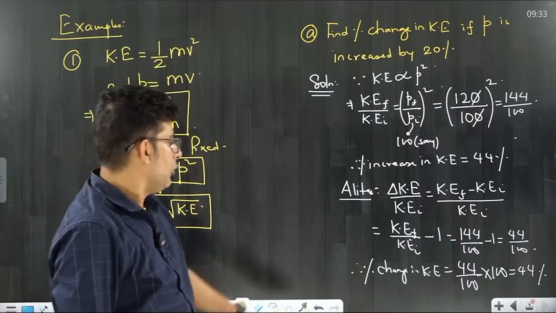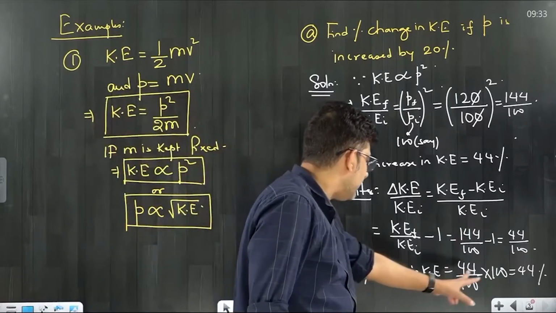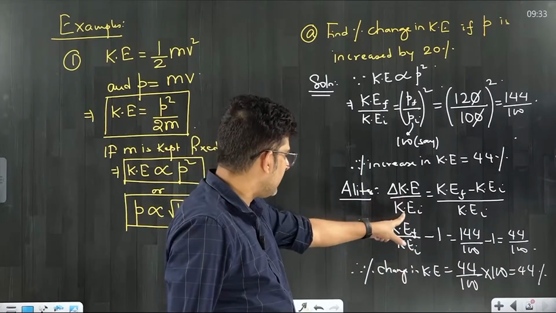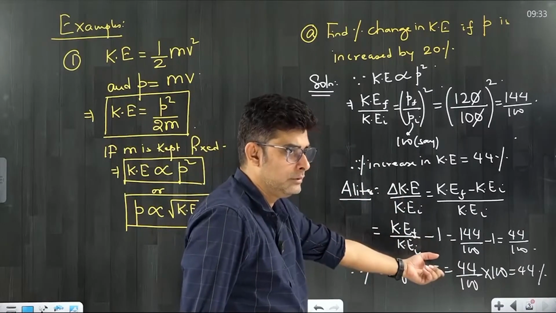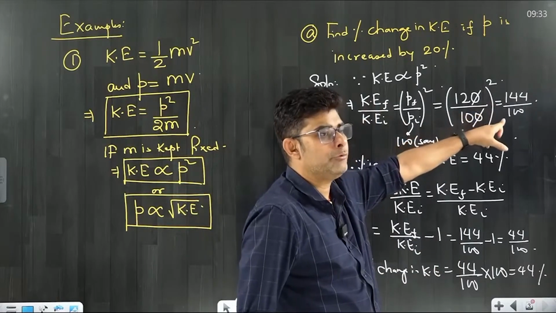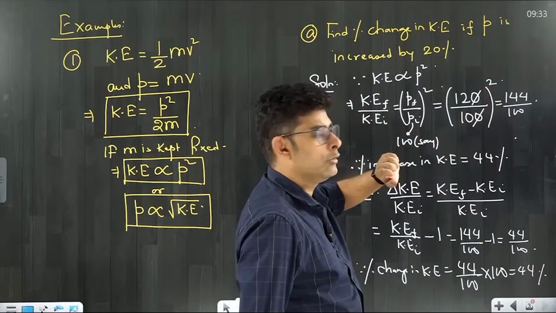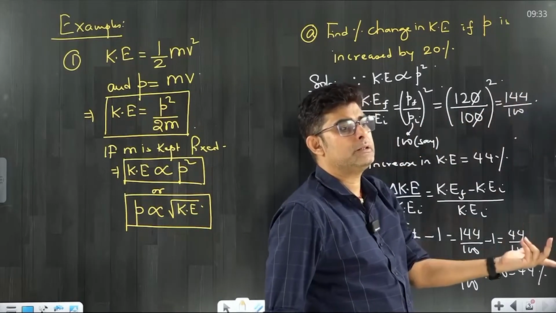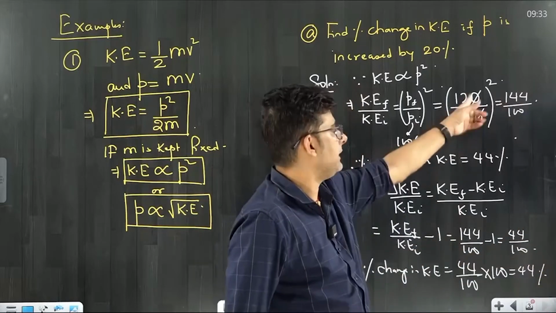Is it clear? Percentage change in kinetic energy is 44%. We get it like this also: change in kinetic energy by initial kinetic energy into 100. But directly you can see that KE final by KE initial is 144 by 100. So if initial value is 100, final value is 144, what is the change? 44. Simple, in one line you got this.